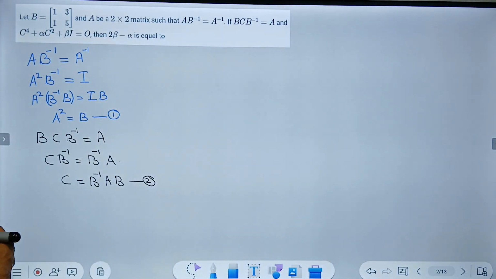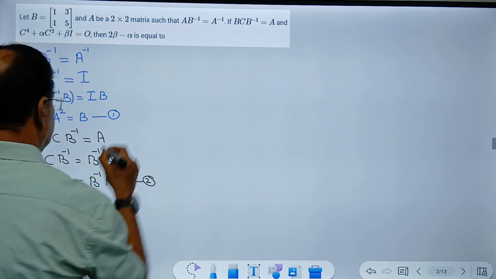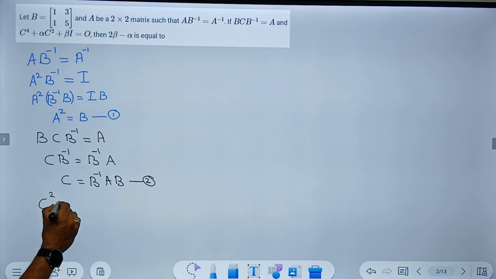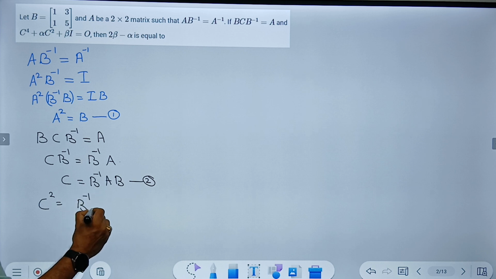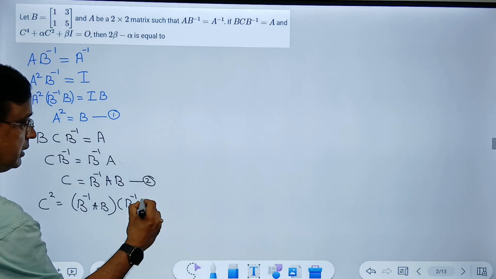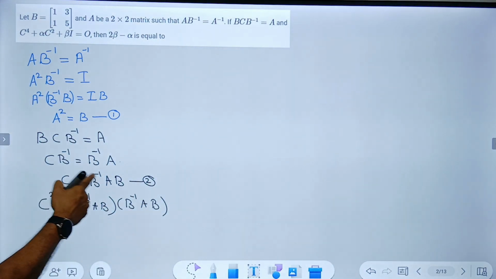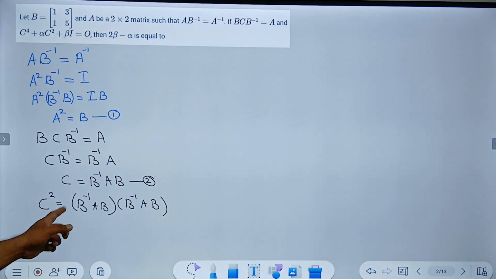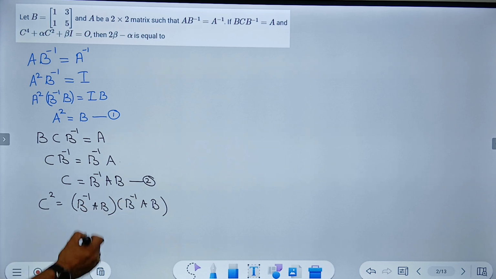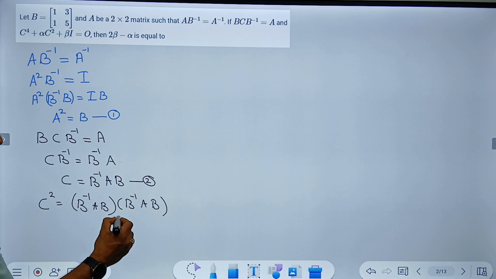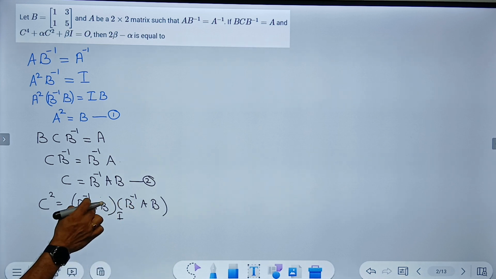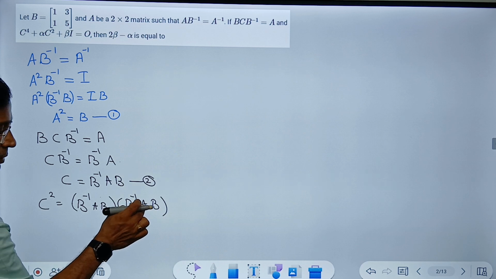Now I'll try to find out what C square is. C is B inverse A B, so C square will be B inverse A B into B inverse A B. By the associative property, B B inverse is I, so I into A is A, and A into A is A square.